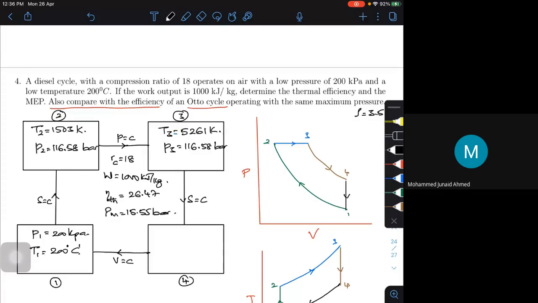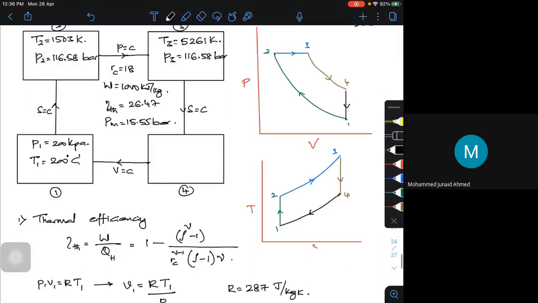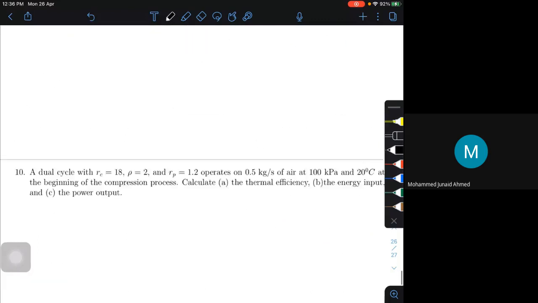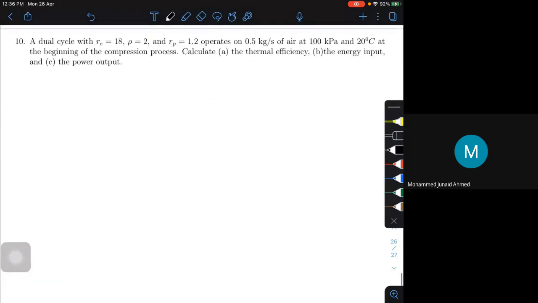We have one more half an hour, so we'll try to solve one problem on the dual combustion cycle. The problem statement is something like this.